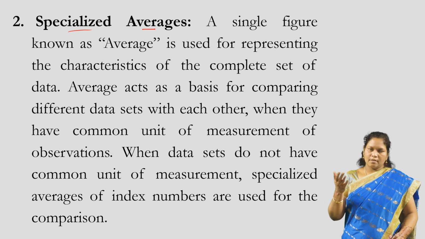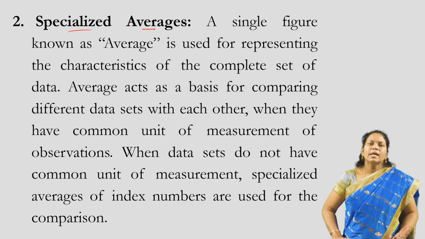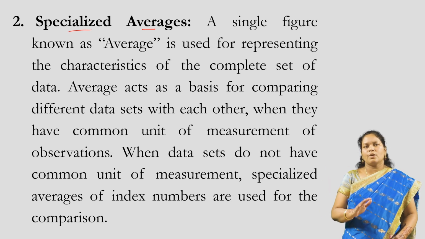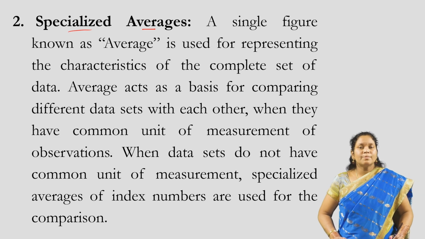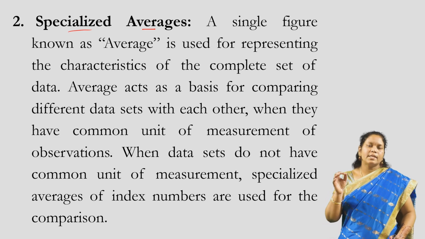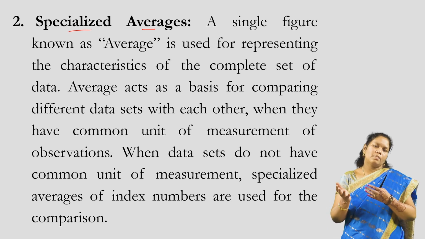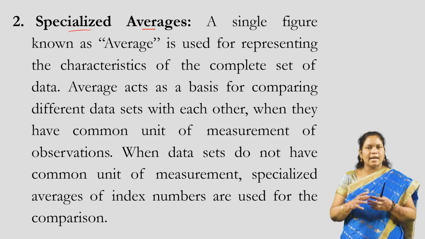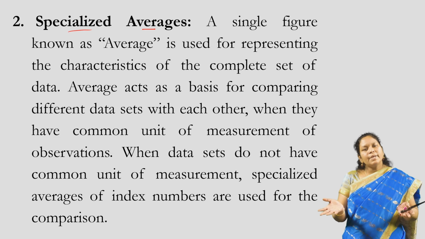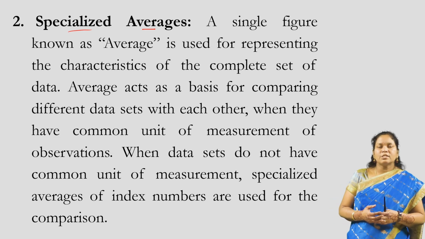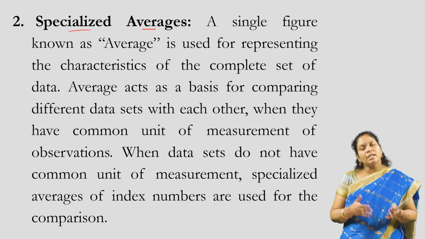So that is one type of problem solving. Whenever quantities are not so important, I can consider generalized quantities. But sometimes quantities also should be considered. Like some data we have, some products in kgs, some products in liters. So I can't mix up both of them and I can't give my answers directly. Such types of things I'll call specialized averages.